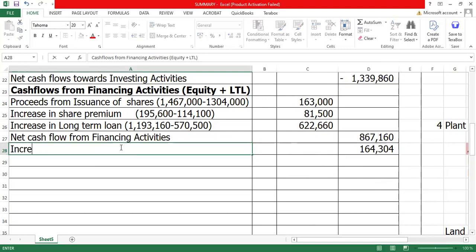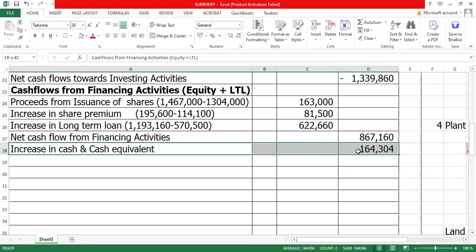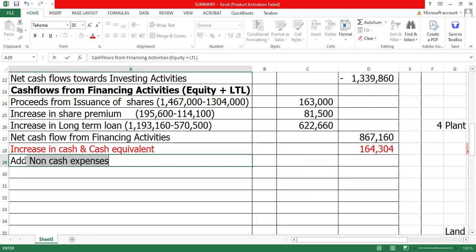This shows that this is an increase in cash and the cash equivalent. Or you can call it net cash inflows, but the right word you can use is increase in cash and cash equivalent.